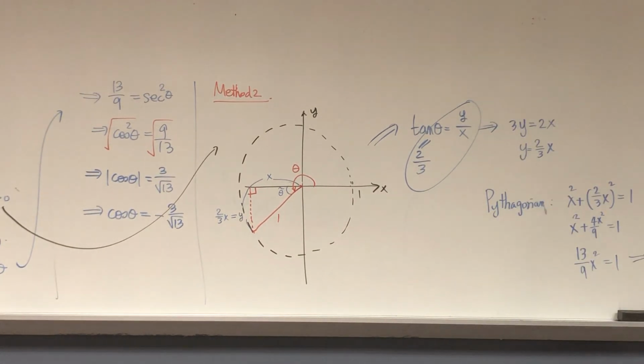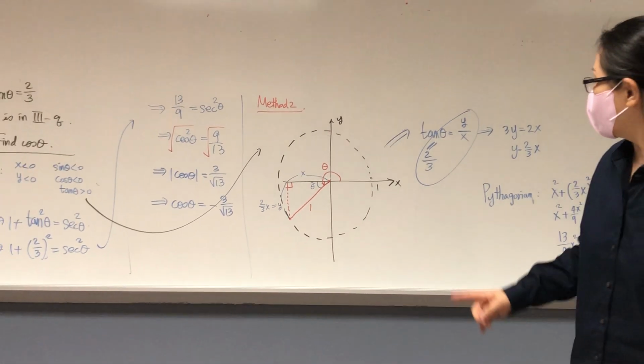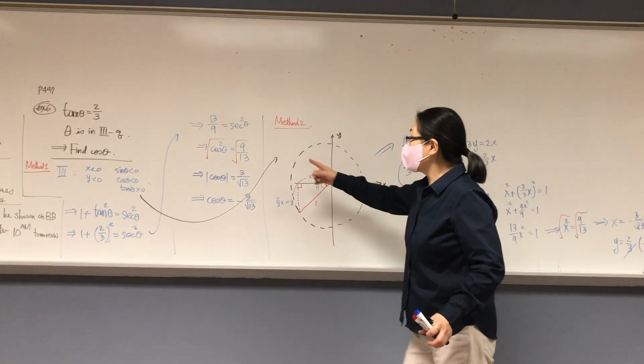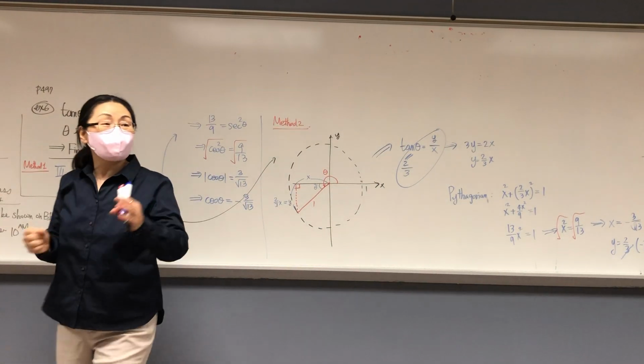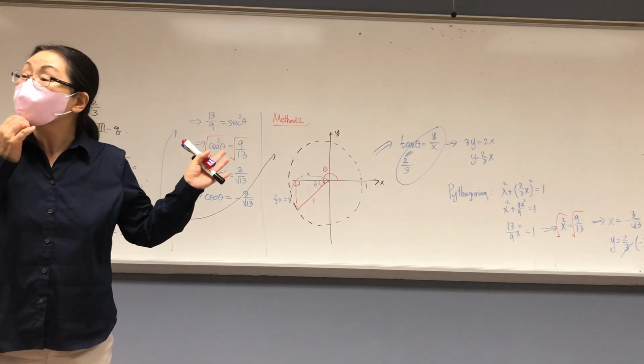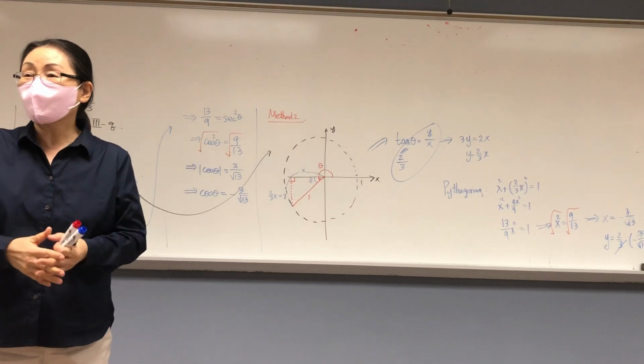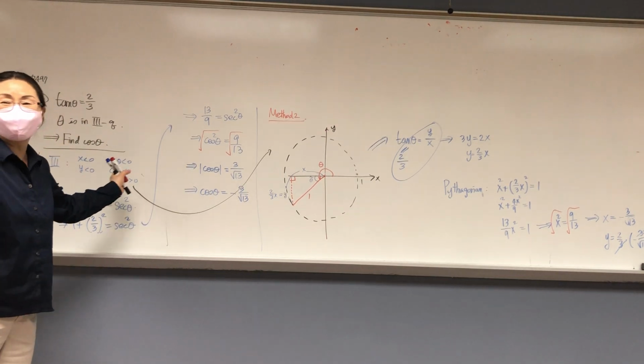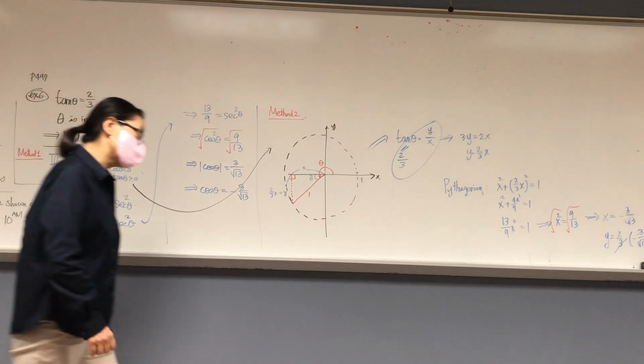Not good. This way is way longer, right? Why does this kind of thing happen? Because your tangent doesn't give any direct value of x and y, yes? Good to check first, and then you choose a better way. Very good.